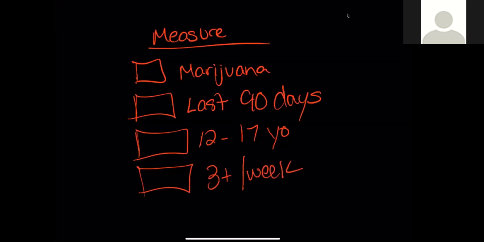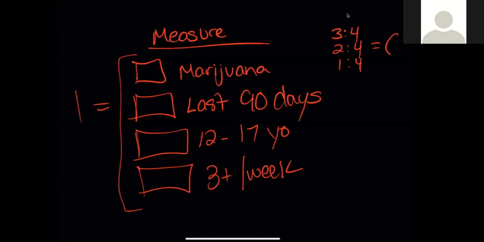Even if we have these 4 basic criteria, basically what you've said is that somebody to get a 1 must have all 4 of these boxes checked. And if they have 3 out of 4, 2 out of 4, or 1 out of 4, they're going to be measured as a 0 by our standards.